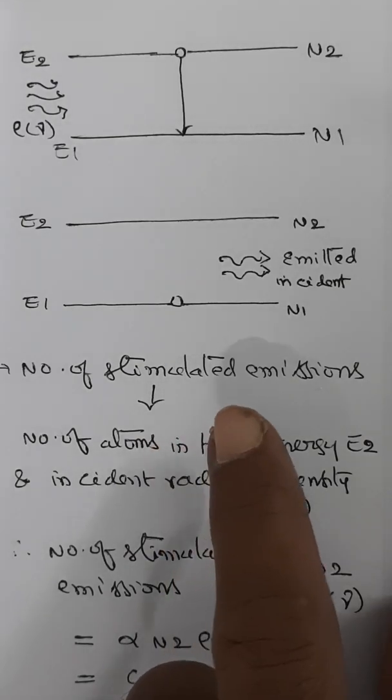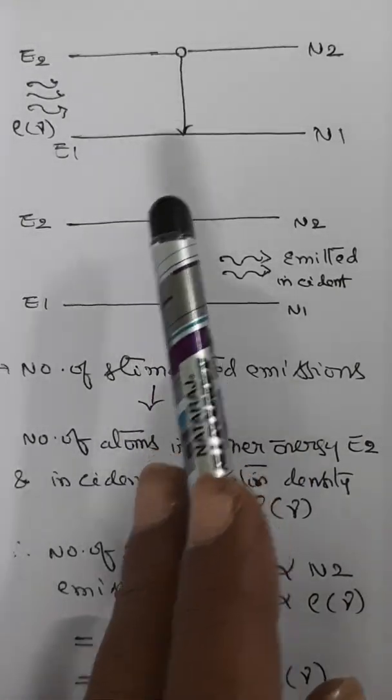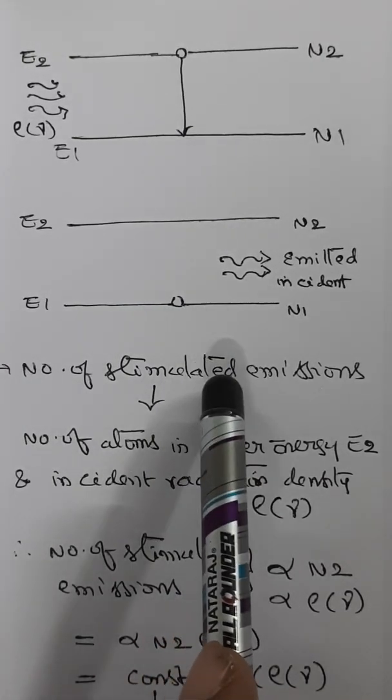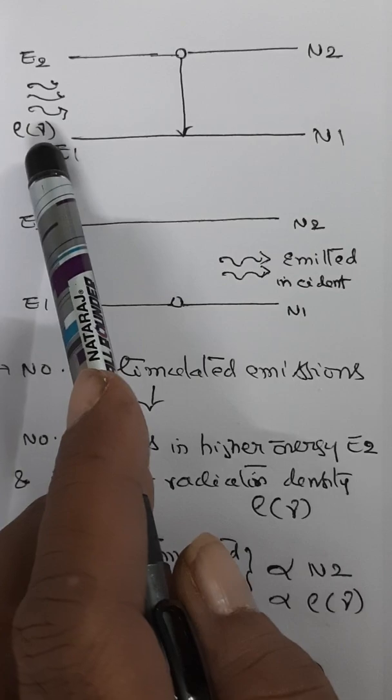The number of stimulated emissions depends on two things. One is the number of atoms in the higher energy level, that is N2, and the other is the incident radiation density, rho nu.